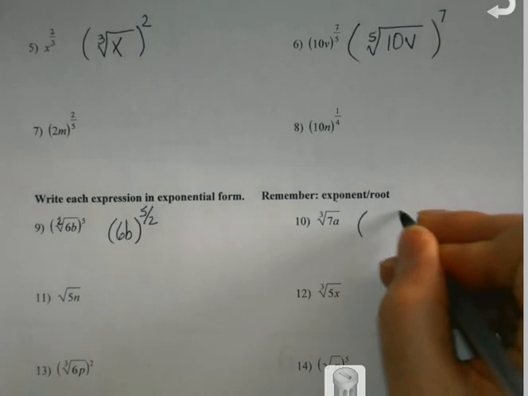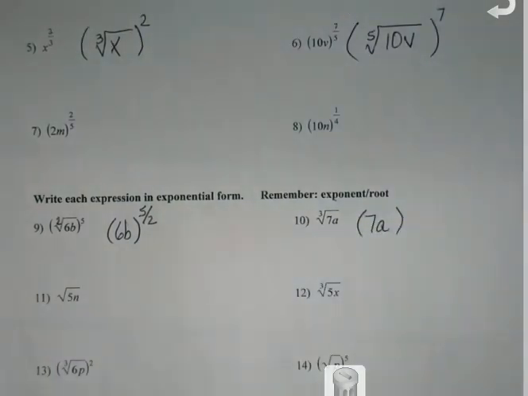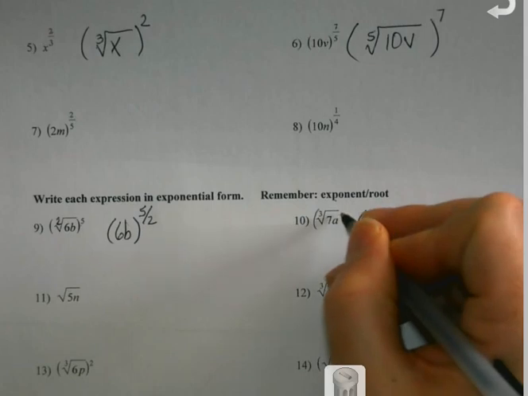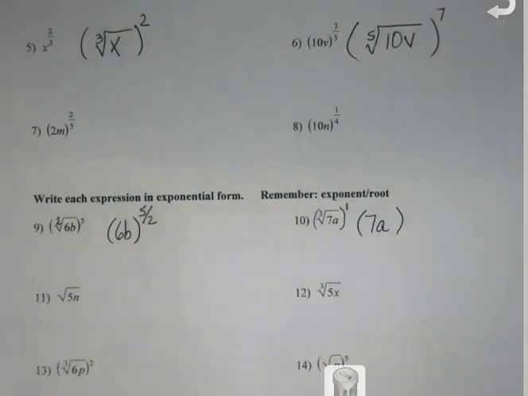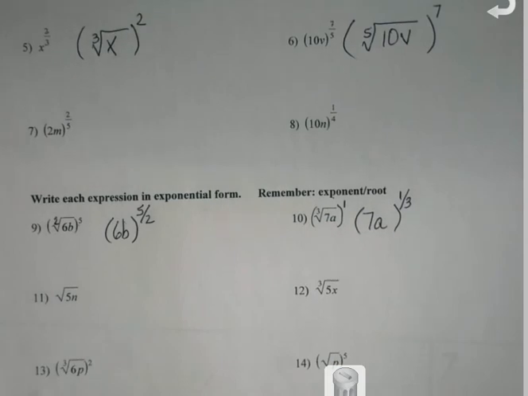So all I'm going to do, again, whatever's underneath the radical goes inside. I don't see an exponent, though, on this one. What's the exponent if I don't see one? 1. So really, this would look like this. Exponent over root. I'm done.